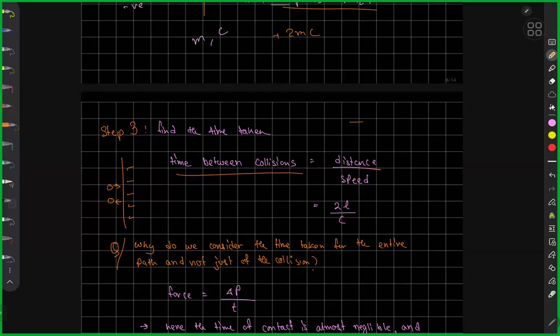What is the total distance covered between the walls? L plus L, so 2L, divided by the speed of the particle, which we considered c, because v equals d by t, and t is simply distance by velocity. Clear? So this is the time of collision, 2L by c.